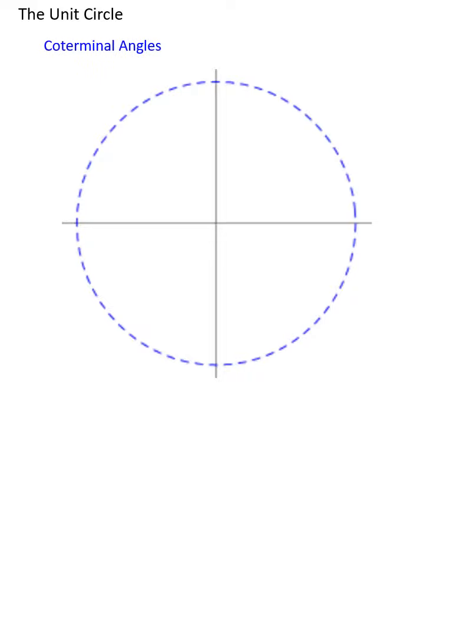Now let's take a look at something called coterminal angles. You heard this phrase earlier in the video. I'd like to delve a little bit more into it. So let's consider an arc starting at our usual initial point of (1, 0), and suppose this arc goes 2/3 of the way through the first quadrant. We've seen this arc before.